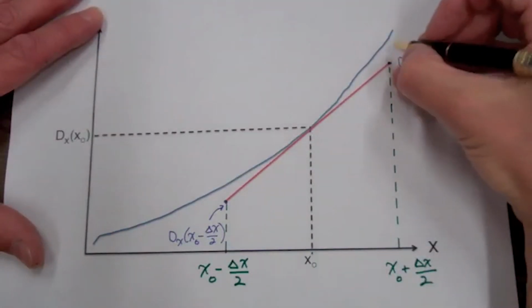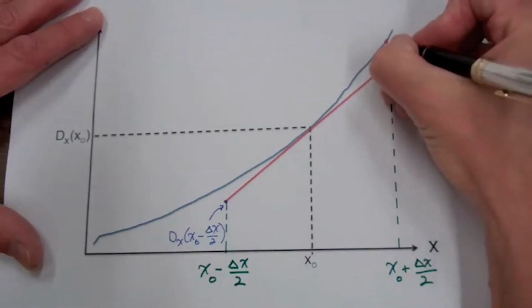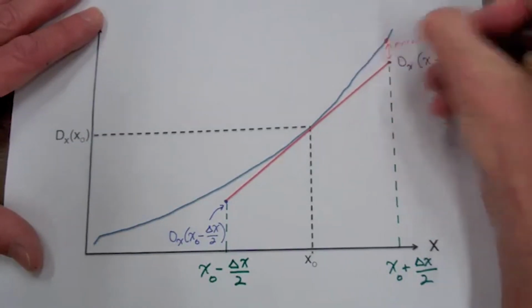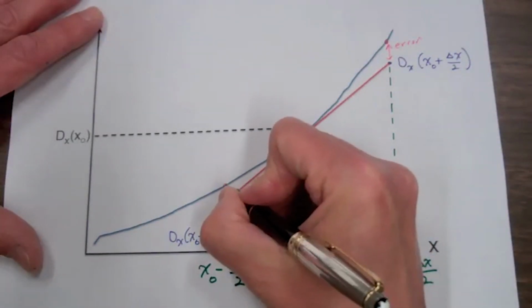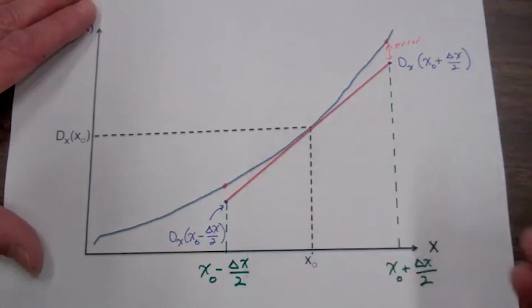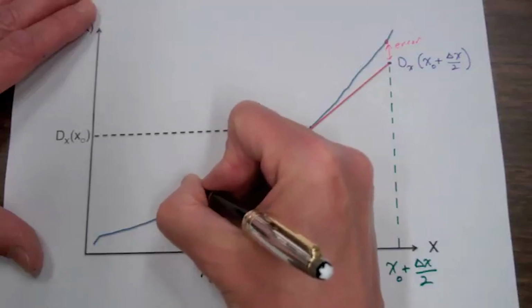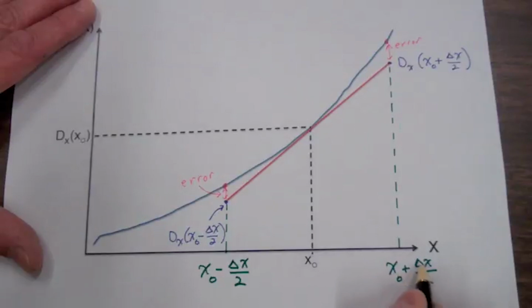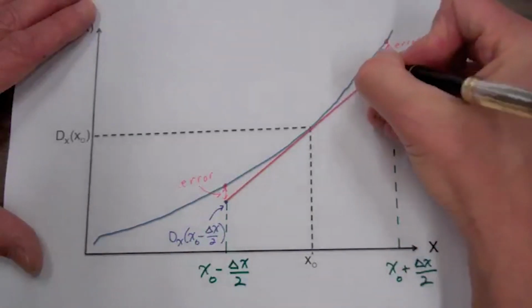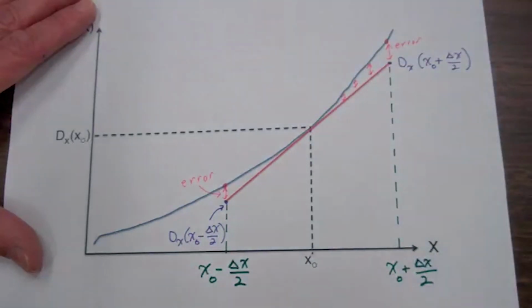The actual value of D sub x on the front face is right here. So this distance represents the amount of error in our estimate on the front face. And on the back face, this is the actual value of D sub x, so this distance represents the error in our estimate on the back face. Of course, as delta x gets smaller and smaller, our error also gets smaller and smaller.